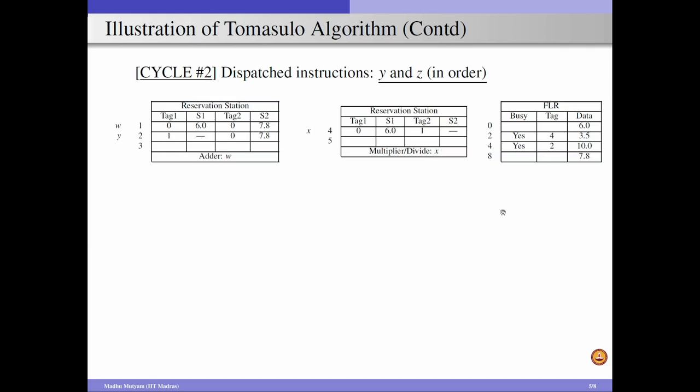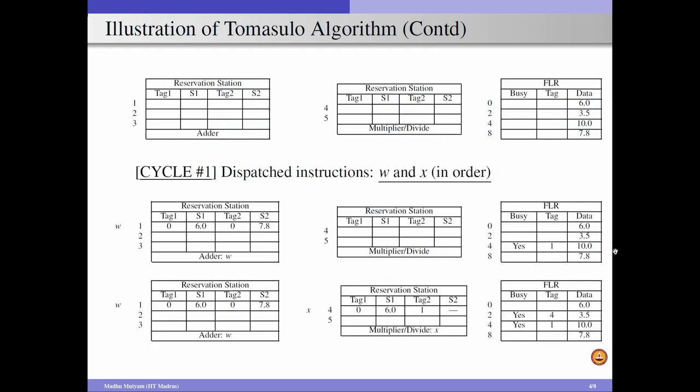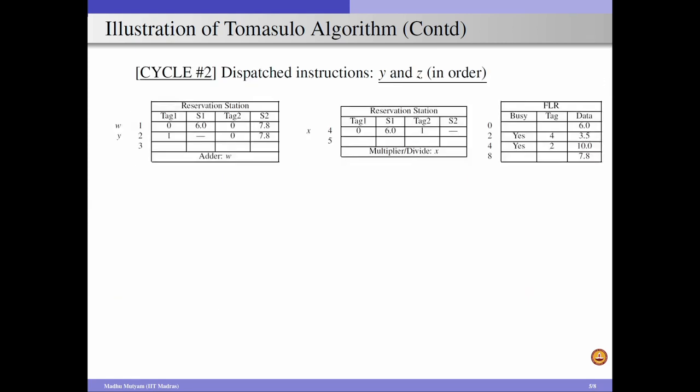But R4 is the other operand for this add instruction, and we can clearly see here R4 is supplied by the instruction that is stored in reservation station entry number 1. So we supply 1 to this particular tag field. This 1 indicates that this instruction is going to produce a value and that value will be required here in the S1 field of the second entry of this reservation station.